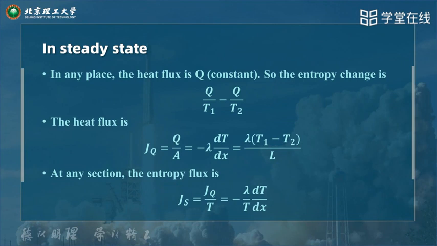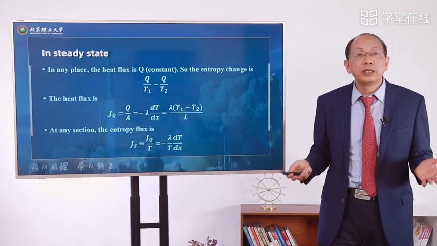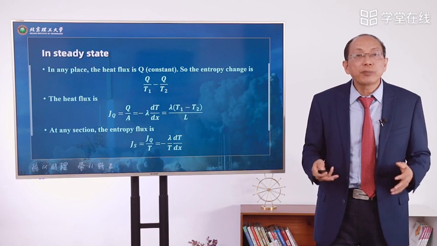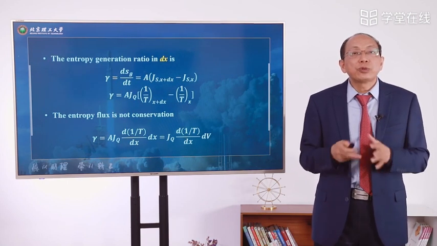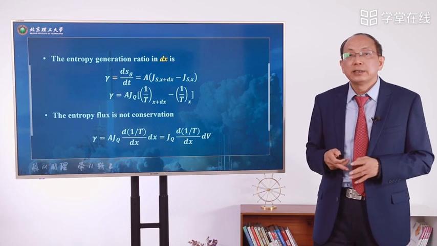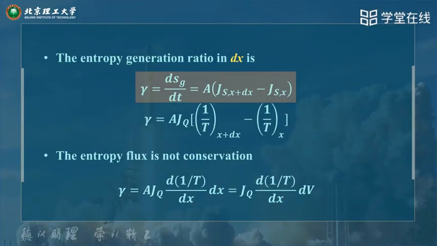At any section, the heat flux is Jq and the entropy flux is Js. Js is Jq over T, equals minus lambda over T times dT over dx. This is the entropy flux in any section. The entropy generation ratio in dx is gamma, dSg over dt.